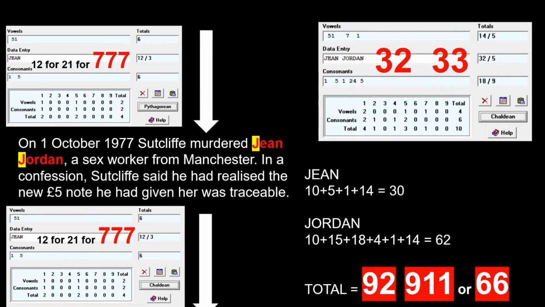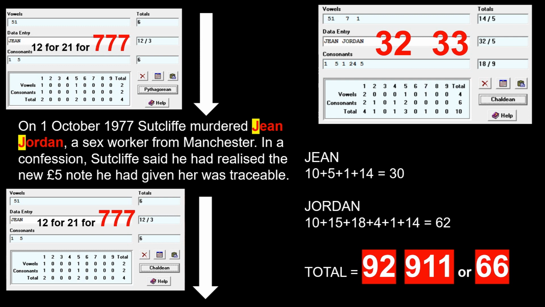I'm afraid it's back to me again now, folks, talking about code. And we've got the next victim, which was the 1st of October 1977. And Sutcliffe murdered Jean Jordan. So look, we've got the same initials, which some people believe are associated with hoaxes. Not saying whether I do, but some people do.